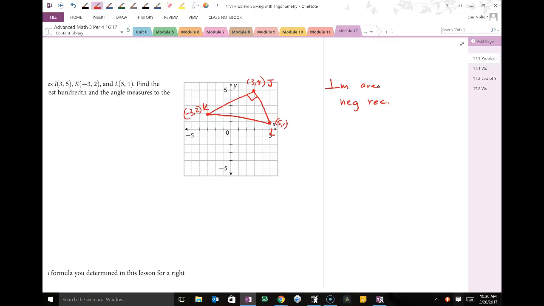Okay, so if I was going to find the slope from K to J, what is my rise over run from K to J? So it goes up 1, 2, 3, and it runs 1, 2, 3, 4, 5, 6. So my slope from K to J is 3 over 6. Up 3 over 6. What is my slope from J to L?